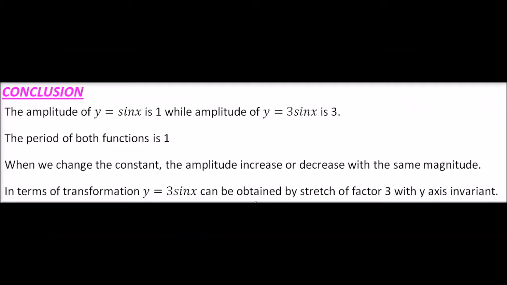So we can conclude by saying the amplitude of y equals sine x is 1, while the amplitude of y equals 3 sine x is 3. The period of both functions is 360.